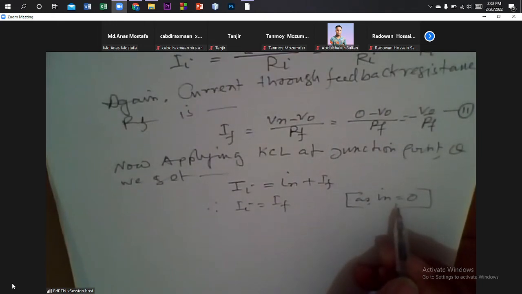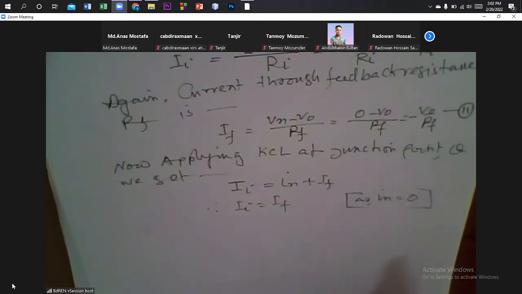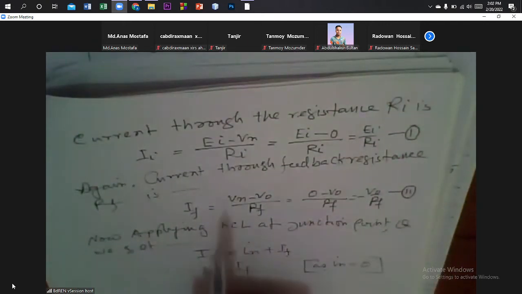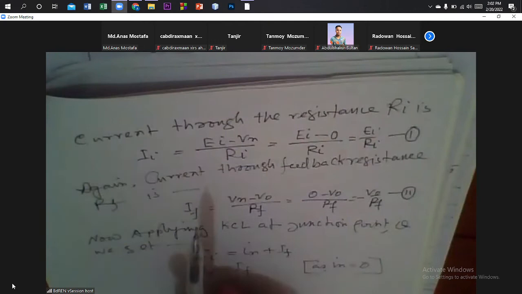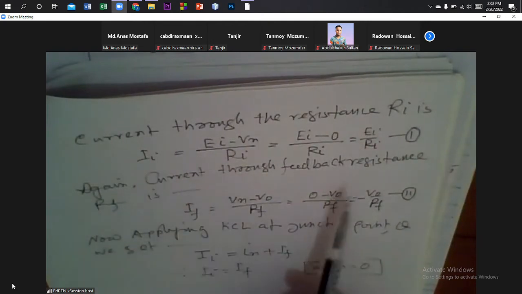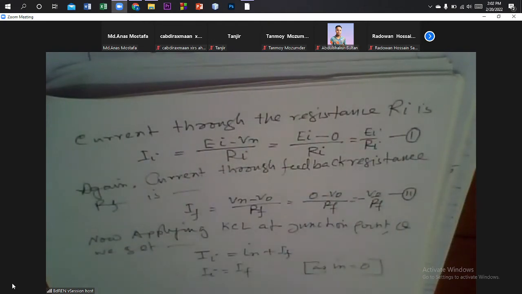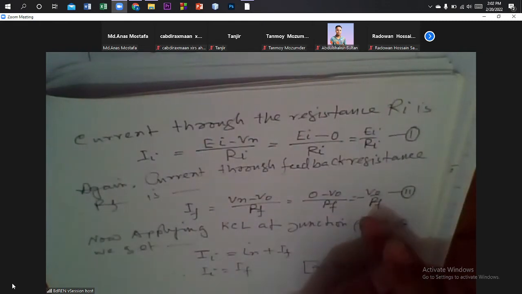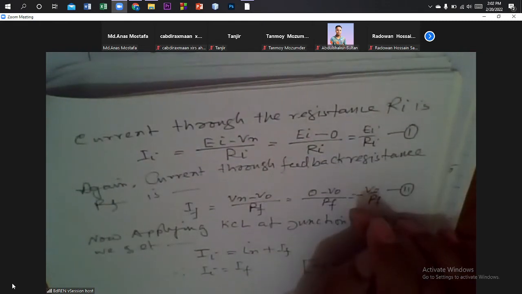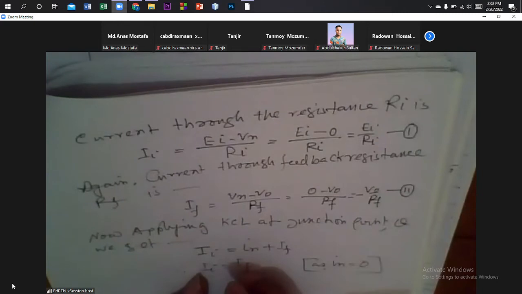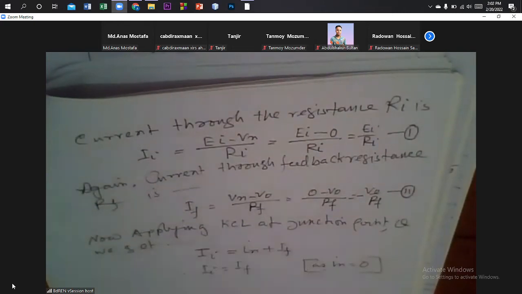Clear? Yes, sir. And do you know the values of I and IF in the above equation? We know the values of I and IF, so we shall put these values here. Okay? Write it down.